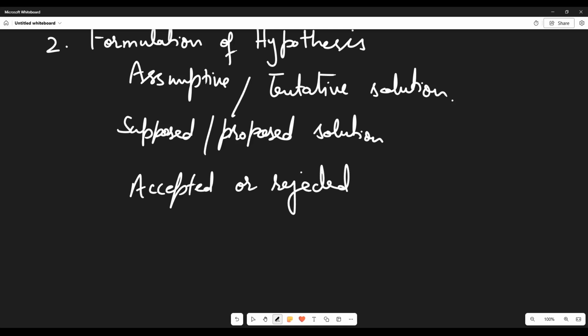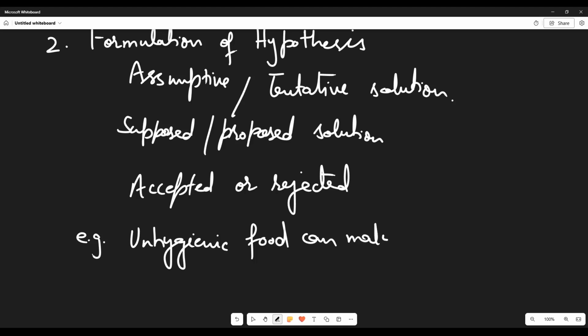Some examples of hypotheses are: unhygienic food can make us ill, and direct exposure to sun can burn the skin.